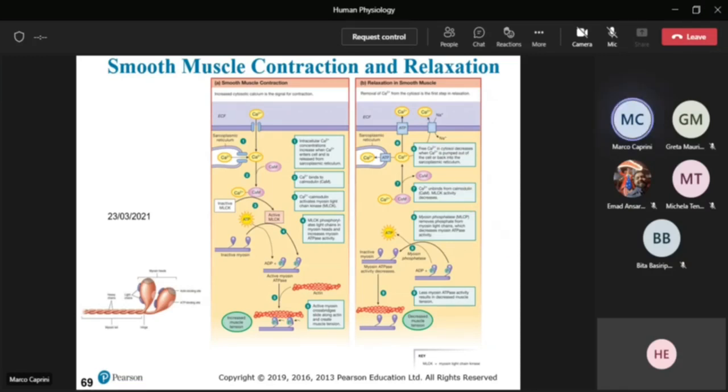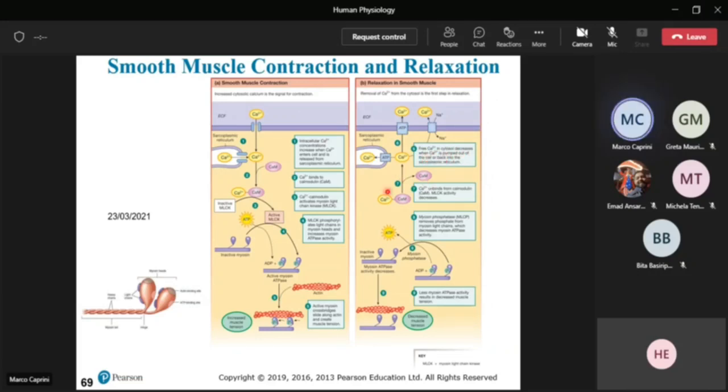If calcium pumps, such as the PMCA, the SERCA1 that we already know perfectly, or active transport, move the calcium outside of the cell, the free calcium ions in the cell, in the cytosol, decrease.